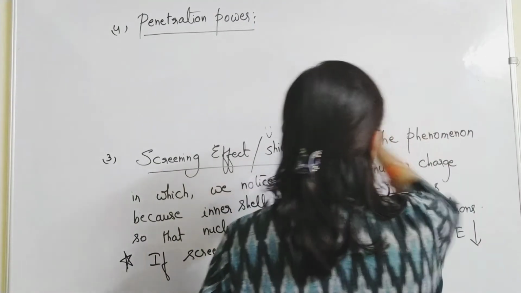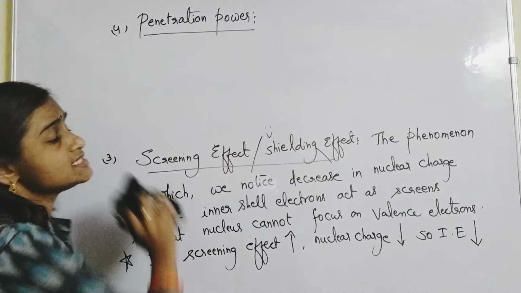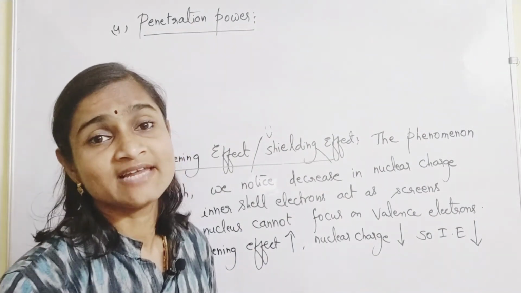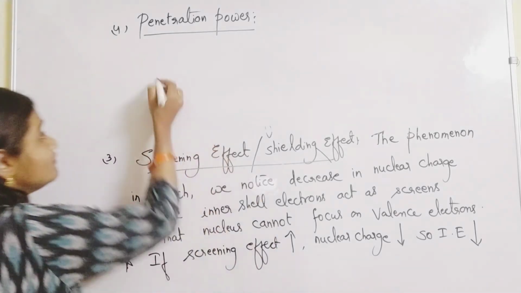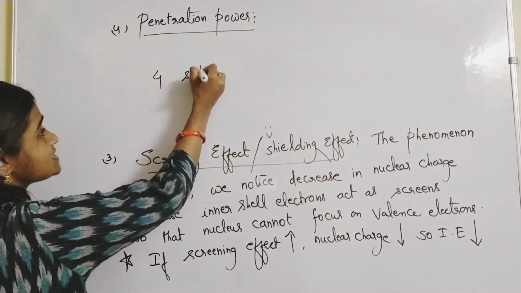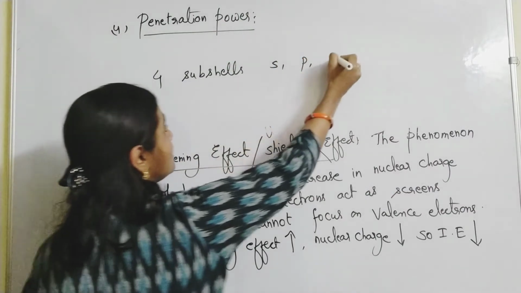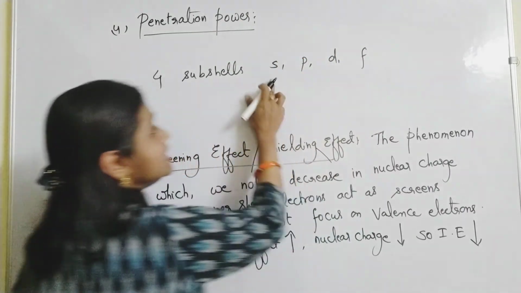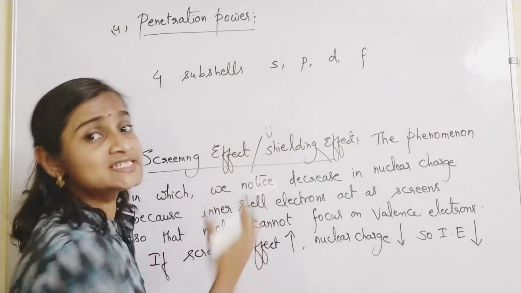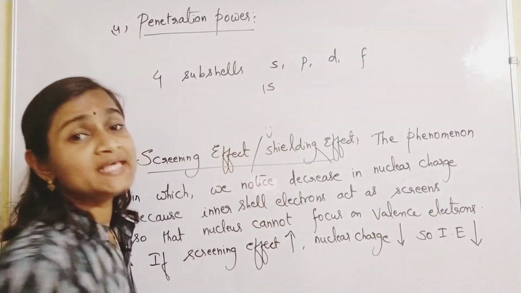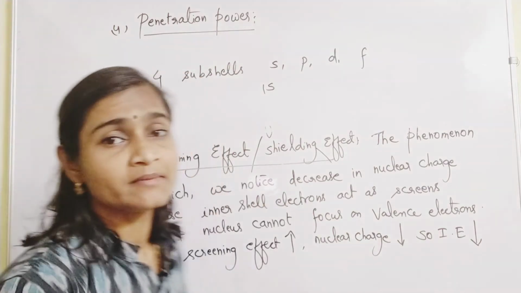In that you might have noticed that the s subshell starts from the first orbit itself. We have 4 subshells. Just recall: s, p, d and f. The s subshell starts from what? The first orbit itself. 1s can exist. The p subshell starts from the second orbit.